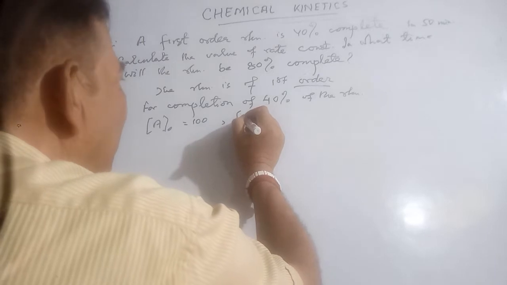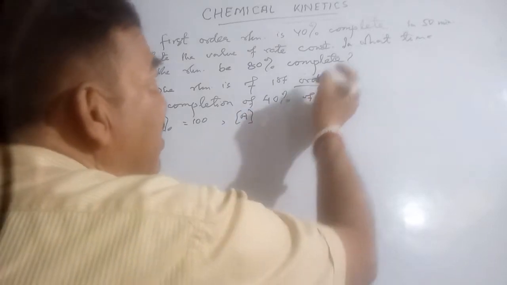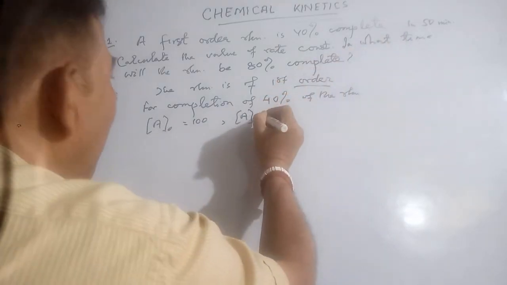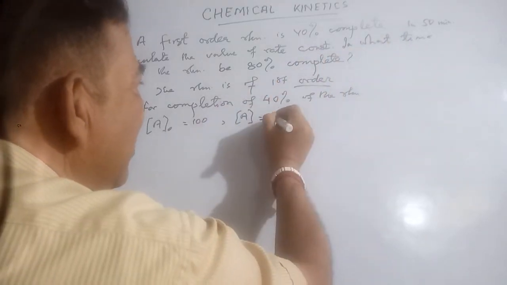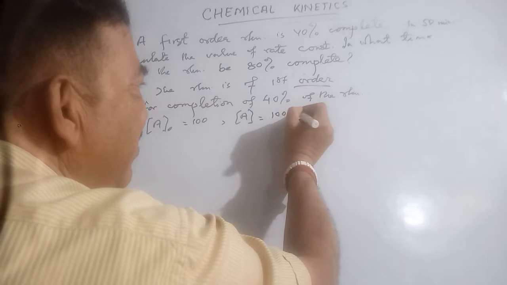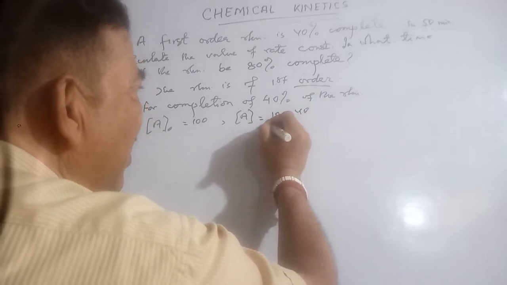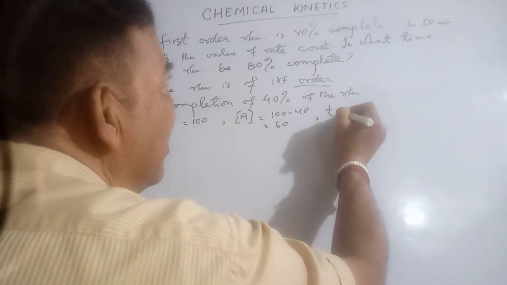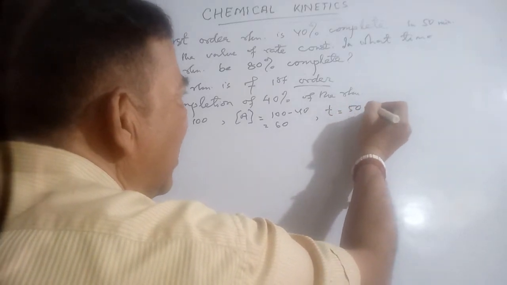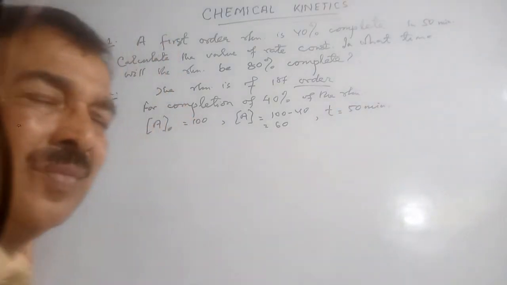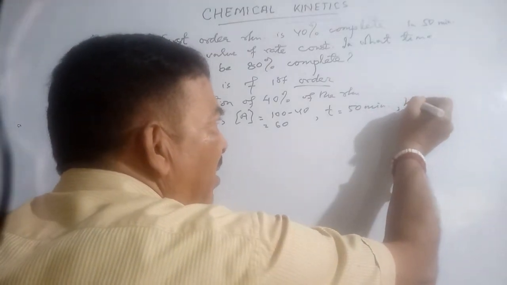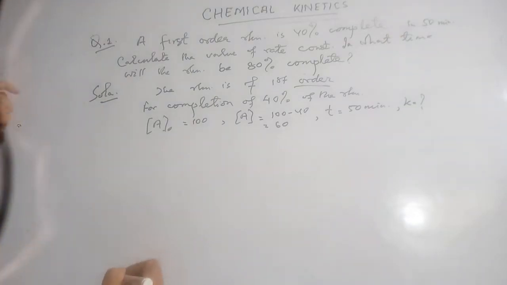Then the concentration of A in 50 minutes will be equal to what? Since 40% is completed, how much is left? 100 minus 40, that equals 60, and T is equal to 50 minutes. We have to find out K.